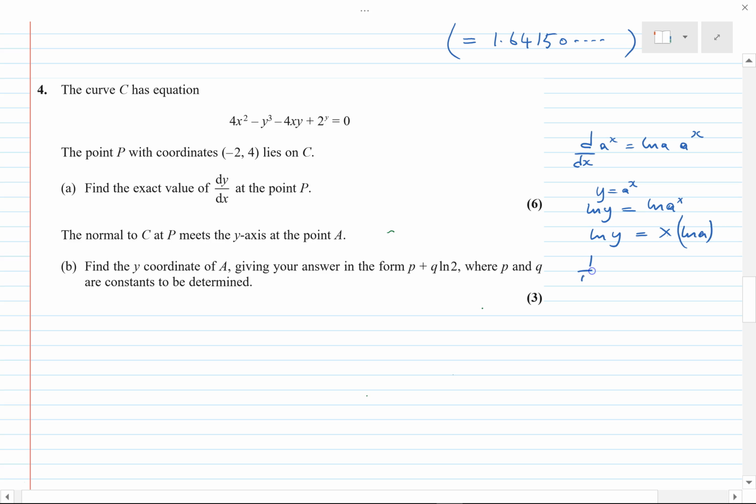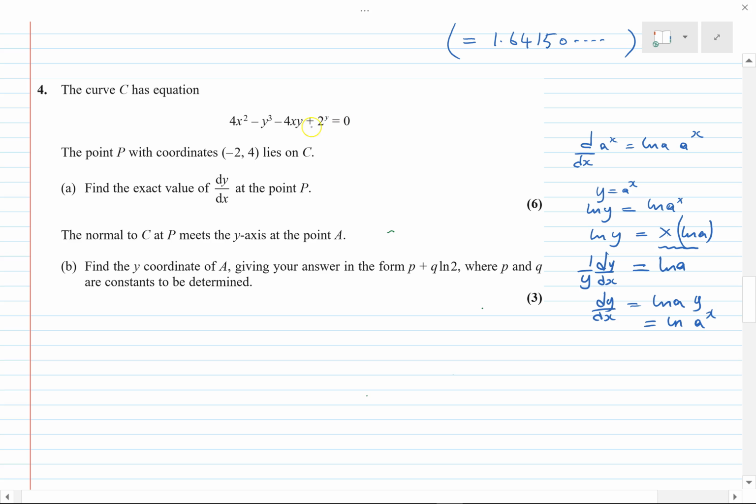Differentiate that implicitly, 1 over y dy by dx is equal to, now this is some constant, we're basically differentiating a constant times x, because ln a is just a constant. So that differentiated is ln a, so dy by dx is equal to ln a times y, which is equal to ln a times a to the x.